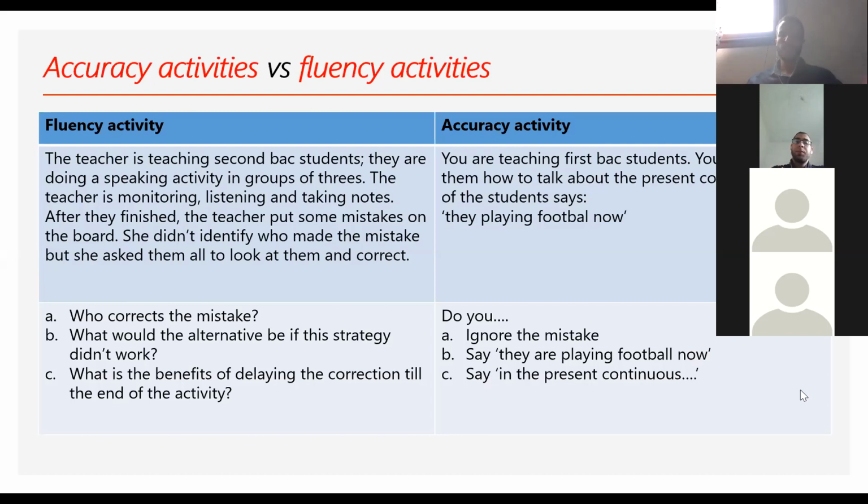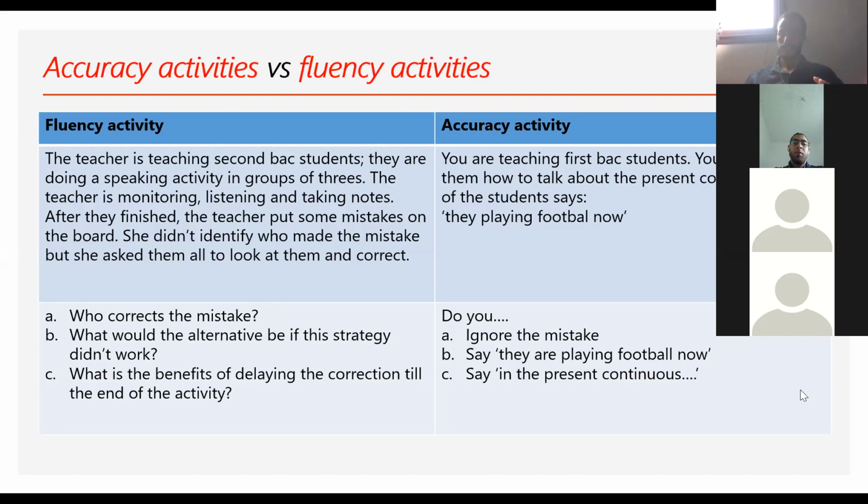All right, now let's move to the accuracy activity. Number 1, do you ignore the mistake? So you are teaching first back students and you are teaching them how to talk about the present continuous.